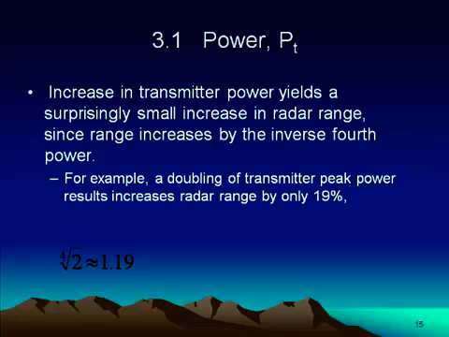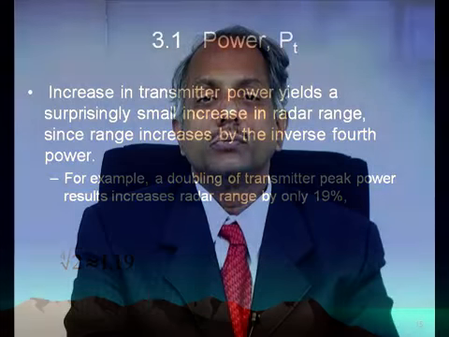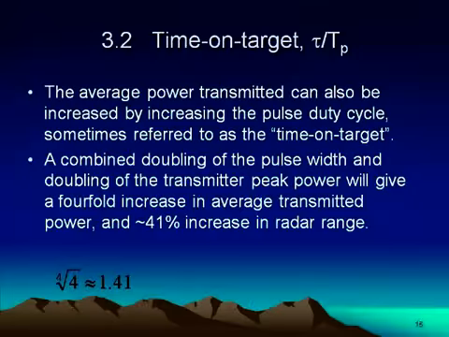As you can see with an example on the slide, by doubling the transmitter power, which is quite expensive, the improvement in the radar range is going to be only 19%. The average power can also be increased by increasing the pulse duty cycle or the width of the pulse, but in this context we are going to call this time on target.